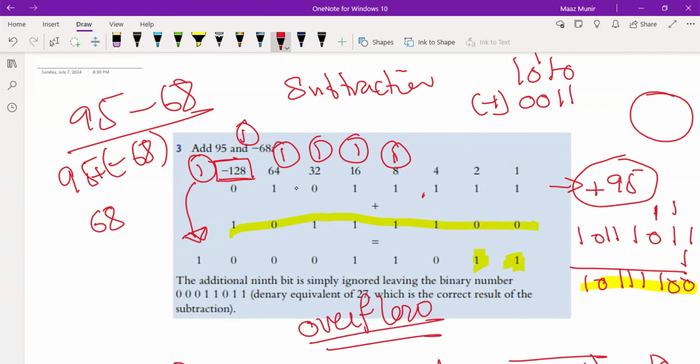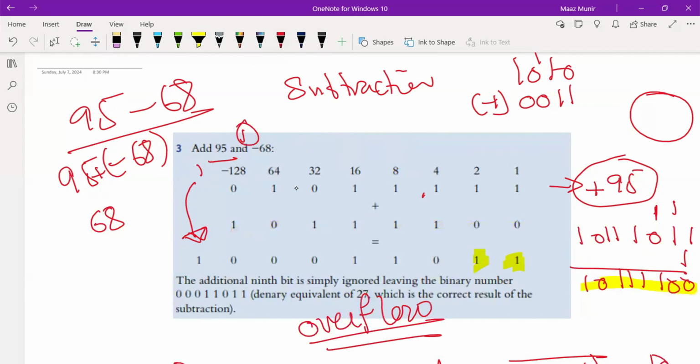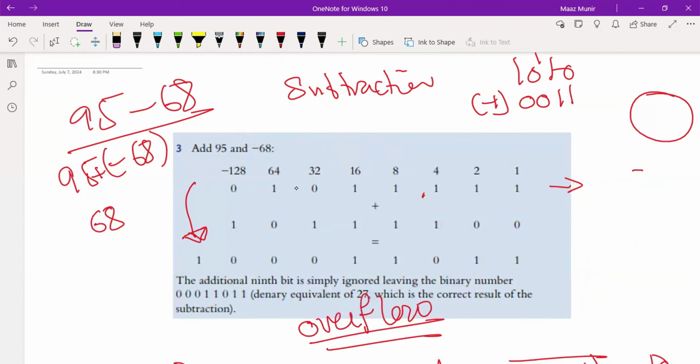Overflow error. Sometimes in the exam they give you this question where you get this 9 bit answer, and in the last part they ask what the error was. One possible scenario is where they ask what the error was, and you need to mention overflow.